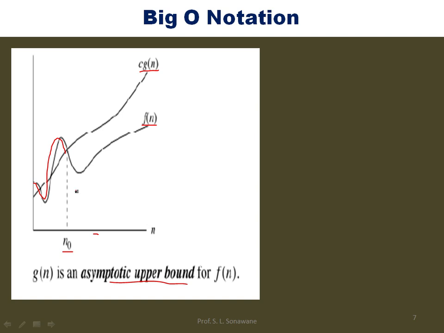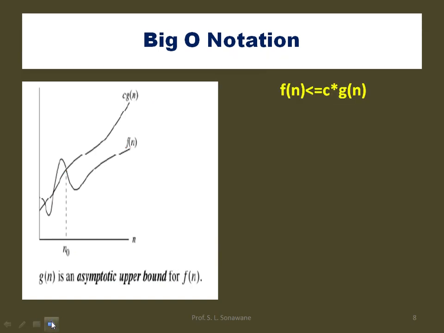But after n0, the value of f of n is smaller than or equal to c into g of n. The same thing we can represent in the fundamental equation: f of n is less than or equal to c into g of n.